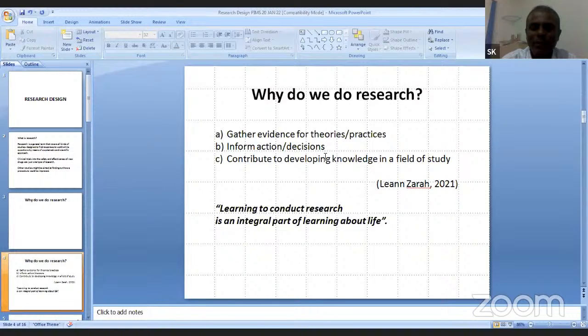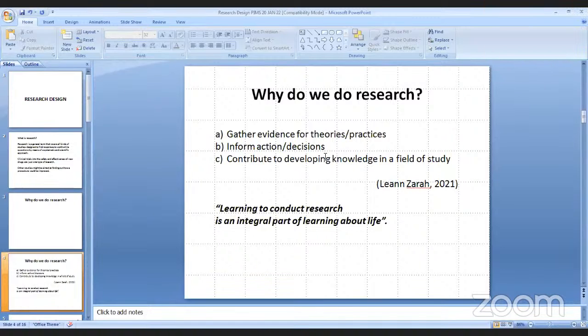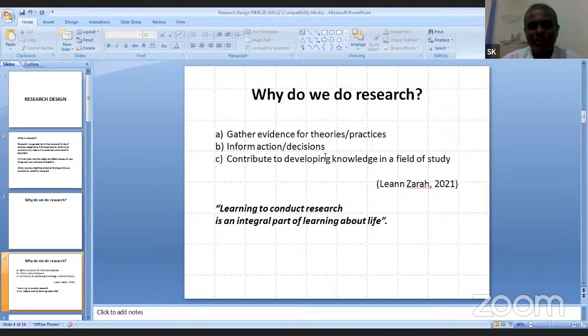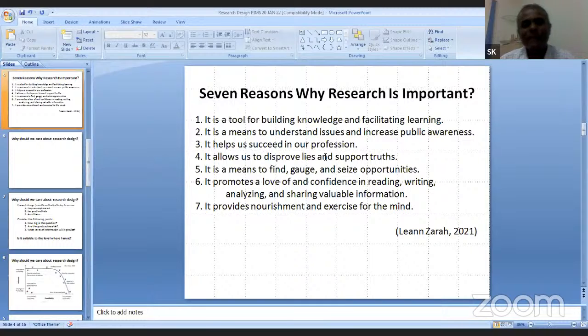They may not have documented it, but they have a memory that tells them when exactly to sow the seed, when to harvest, and when to market. Of course, they fail miserably in the last one, but at least they have some knowledge which comes from research. And that knowledge was contributed by all the people in the community, bit by bit. As I said, every drop counts in this field, okay?